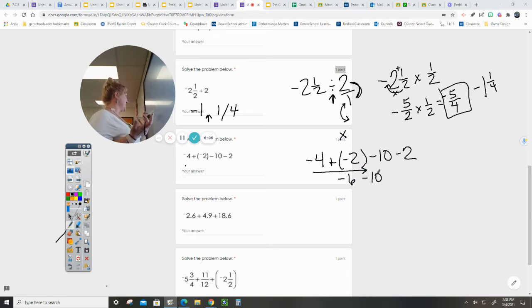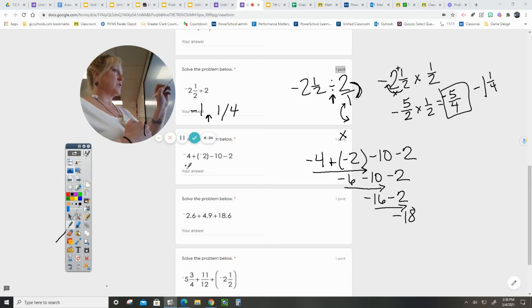Bring down the -10 and the -2. So far, so good. I'm still going to keep moving. -6 minus 10 is -16. Bring down the 2. Keep on moving. -16 minus 2 is -18. So your answer should be -18. Again, you know that I need to check my own work, so I'm going to.